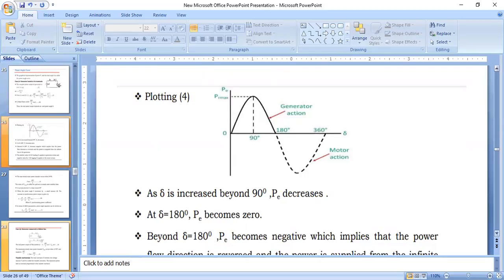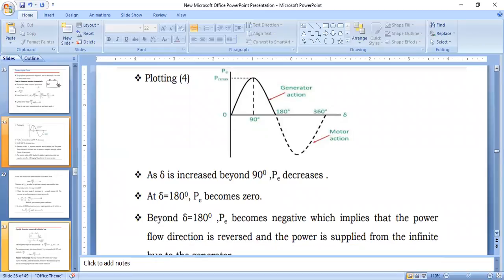From this figure, you can conclude that as delta increases beyond 90 degrees, PE decreases. At delta equal to 180 degrees, PE becomes 0.